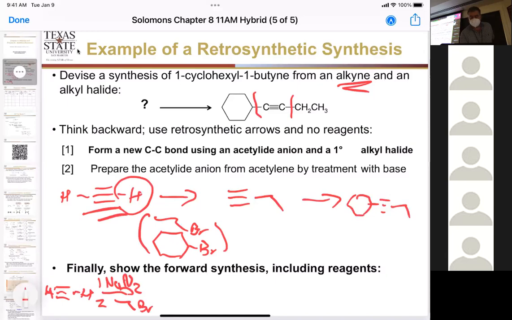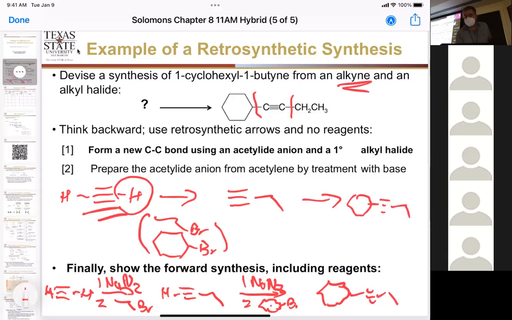And what that's going to give us is our first one right here with a hydrogen here. And then our second one is going to be, again, sodium amide. And our second step is going to be the cyclohexyl with the bromine on there. And that's going to give us our final product.